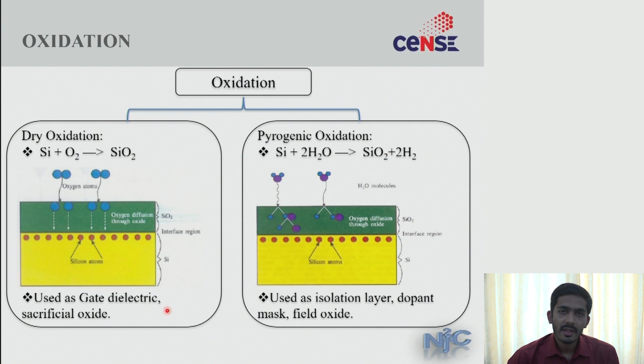This oxide is used as a gate dielectric or sacrificial oxide in semiconductor fabrication. The next kind is pyrogenic oxidation, which uses water vapor as an oxidizing source. In this case also you have SiO2, but along with the generation of hydrogen. Hydrogen, being a gas, escapes from the furnace and SiO2 starts to grow on top of your silicon.